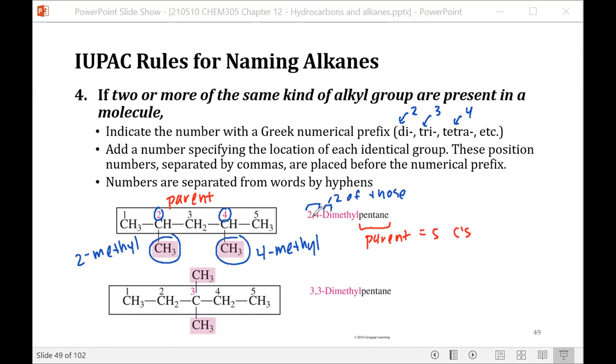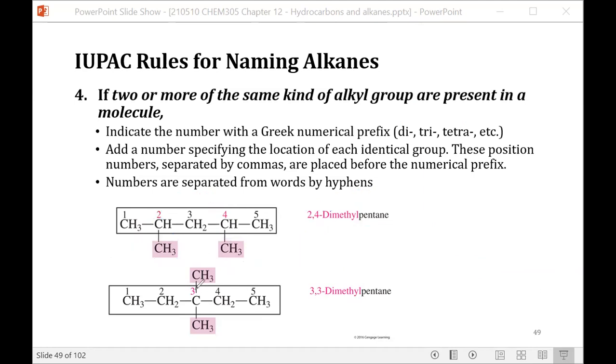So between numbers, you use a comma. So 2, 4, and then we go from a number to a letter, so then we use a dash. So 2,4-dimethylpentane is the name of this structure.